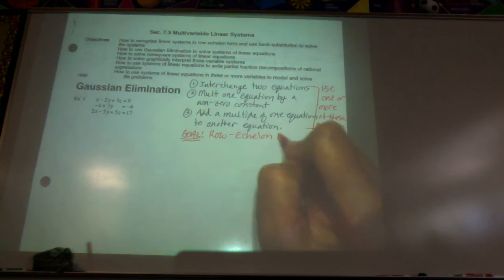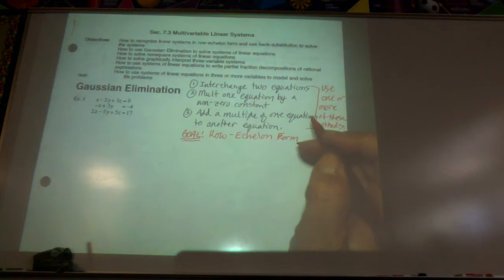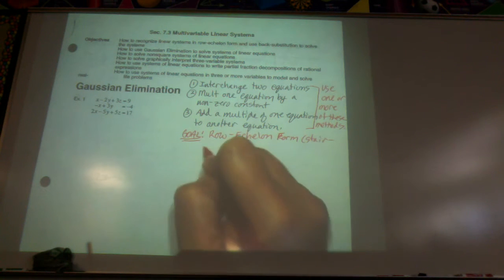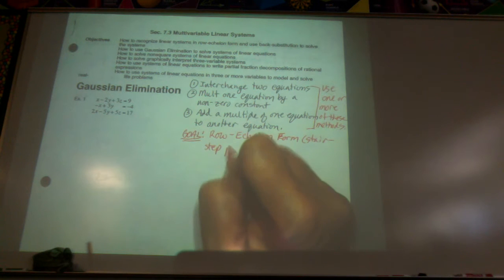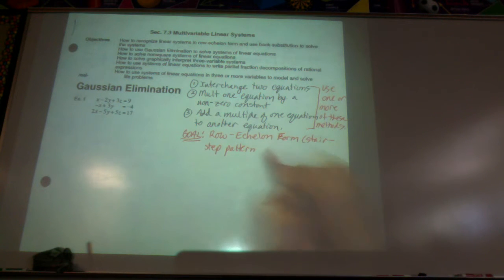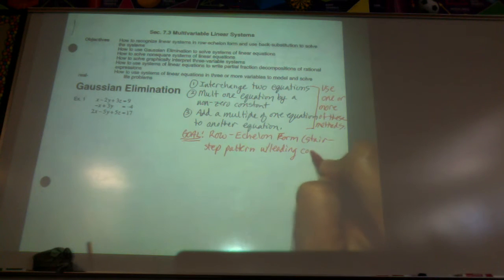So row echelon form, whoops, that's an F. And basically it looks like a stair-step pattern with leading coefficients of 1.